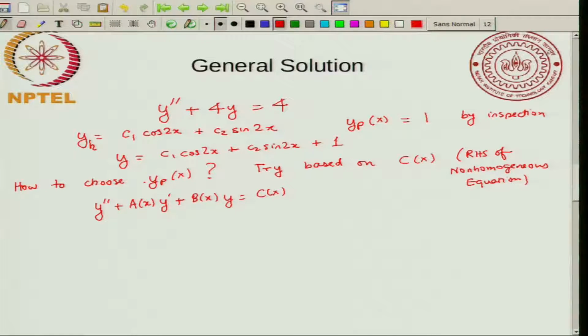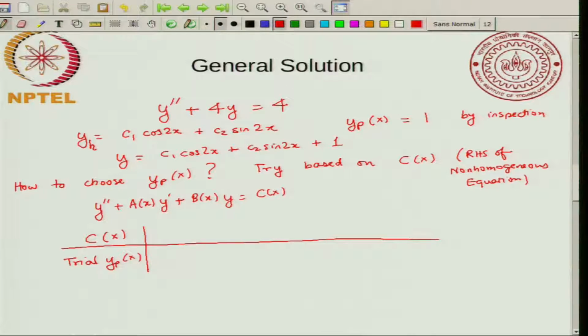So your choice of yp depends on what c of x is, and a general recipe to calculate yp is to choose it based on c of x. So I'll just make a small chart here. I'll write c of x out here, and I'll write trial yp of x. So I'll make a chart with various choices.